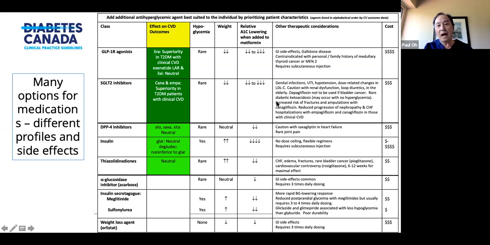And then each category of medicine might have its own particular attributes, either in a positive way that they may be helpful for particular populations, or each category of medicines might have particular considerations or side effects or warnings associated with them. And then finally, in the right-hand category here, we'll see that these medicines may differ by their cost.